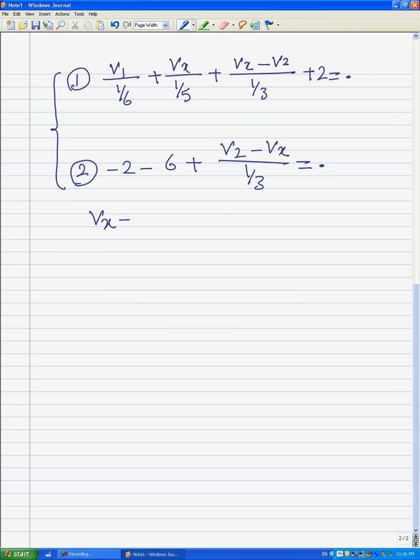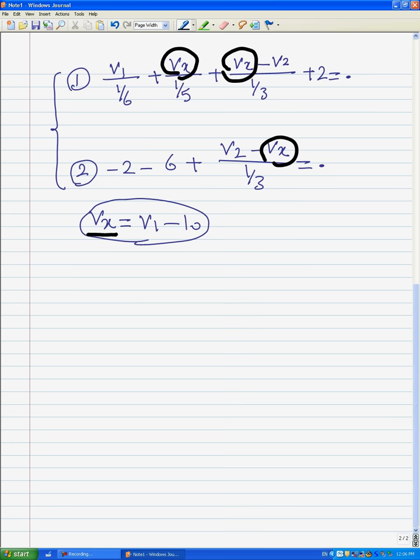And also we have the equation for supernode. We have Vx is equal to V1 minus 10. If we put this in place of Vx here and here and here, again we have two equations and two unknowns like this.